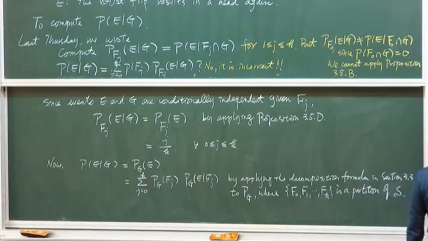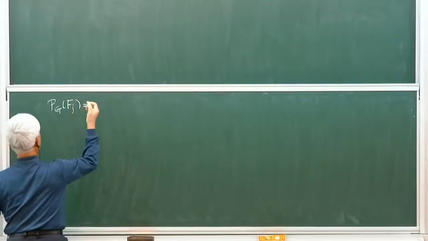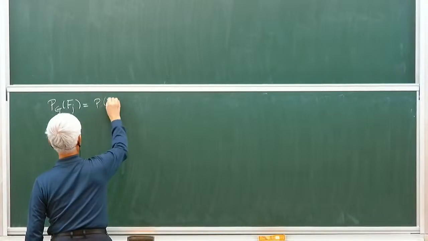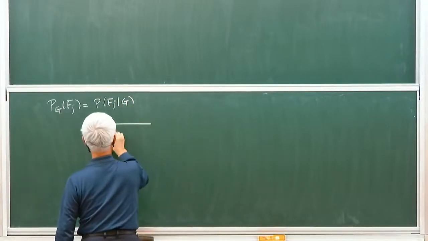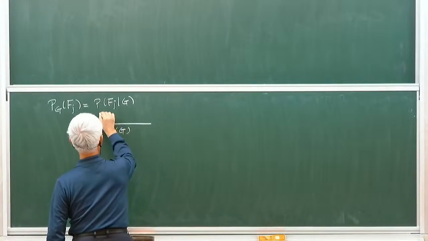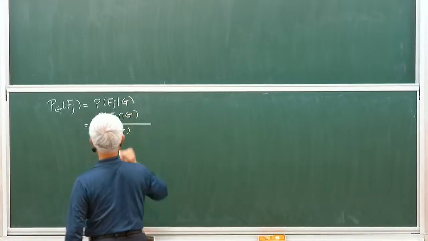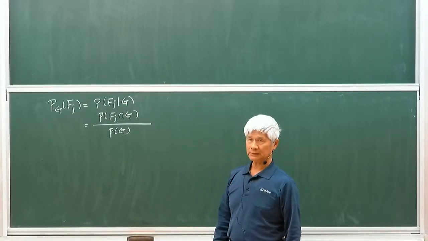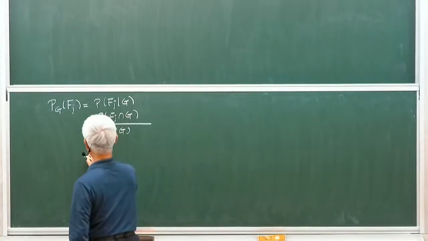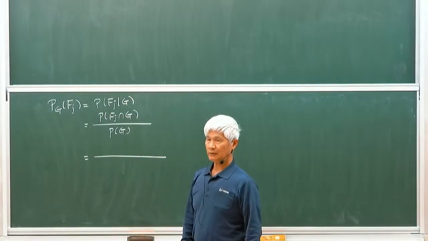Now P(G | Fj). By the definition of conditional probability, we have this. Basically we apply the Bayes formula.